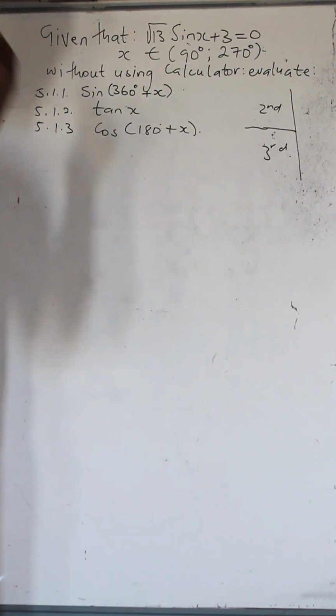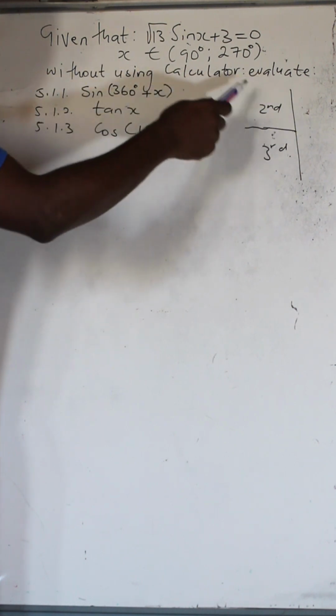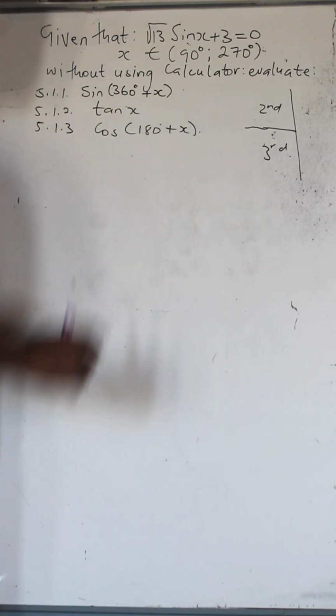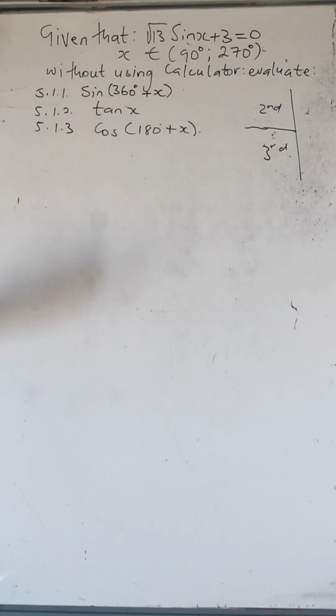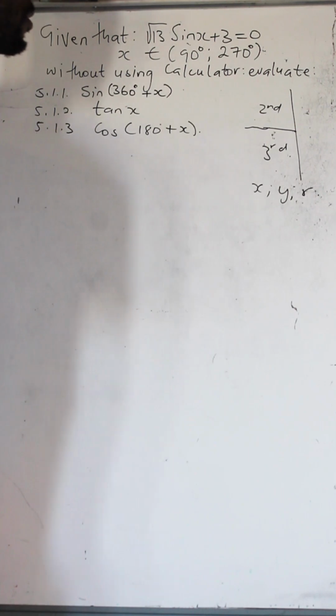third quadrant. So the first thing to read is, without using a calculator, evaluate sine of 360 plus x. If it's the sine, we can first sort this thing out so we can see what's the value of x, y, and r.